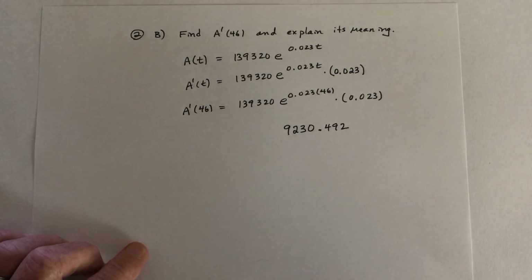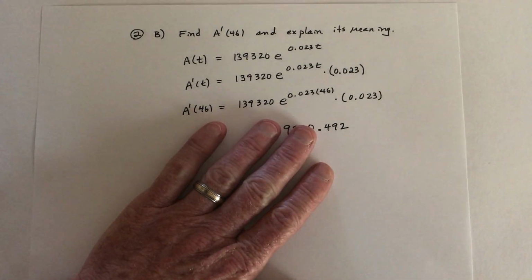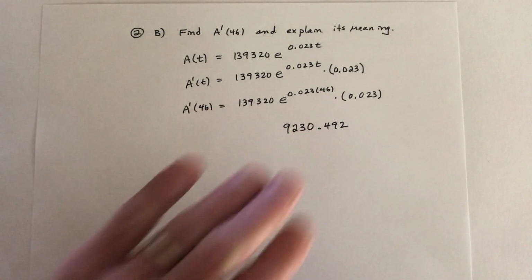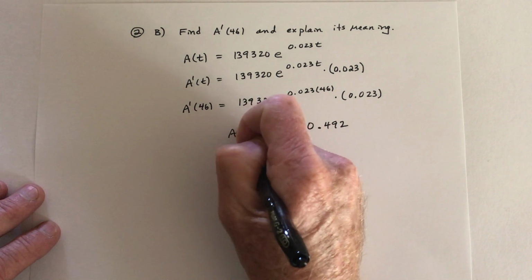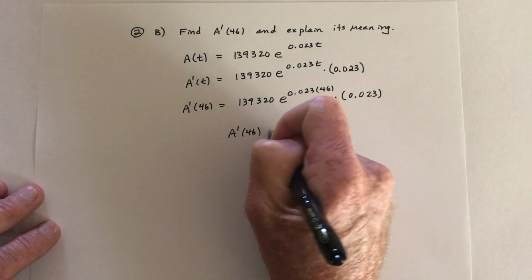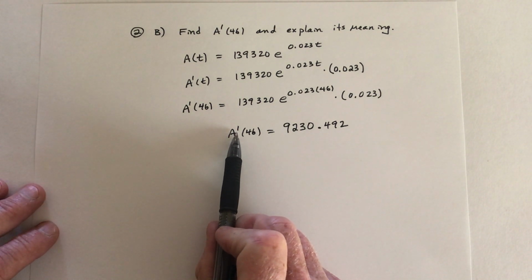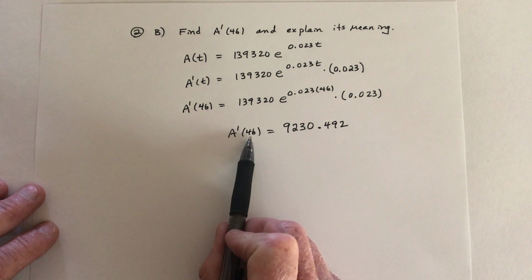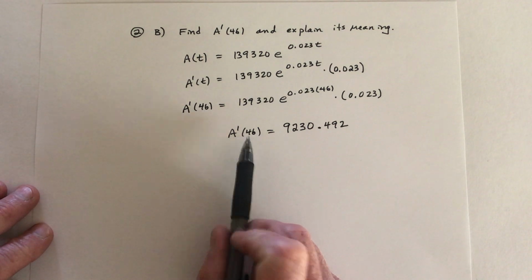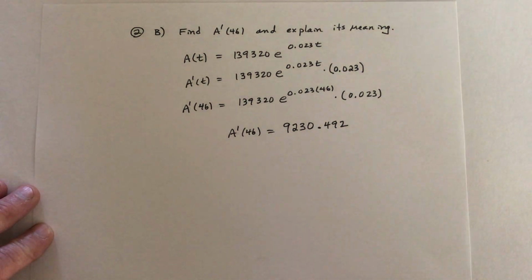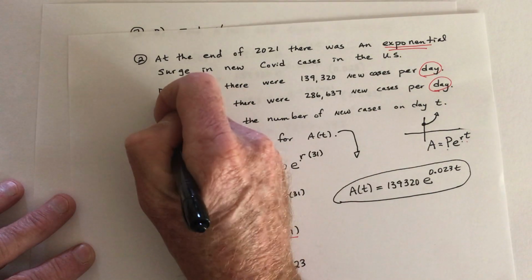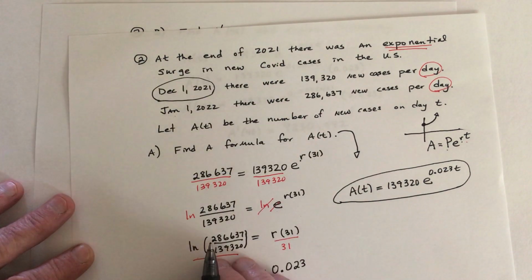So that's what A prime of 46 is. Well, derivative means how fast something is changing. And the 46 means 46 days later. The whole story started at December 1st.